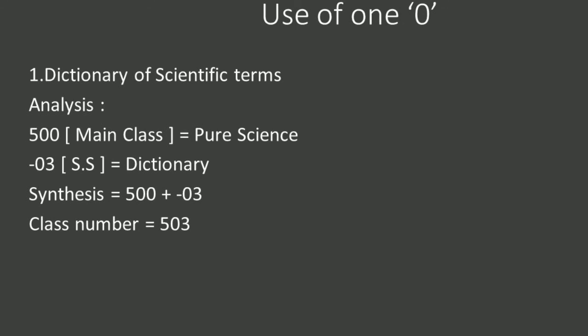Whenever our main class or the subdivision of main class ends with 0, not in the middle of the notation, ends with a single 0 or maybe sometimes 2 zeros, and there is no instruction on how to use the standard subdivision, generally we will remove the zeros from the notation of the main classes, and after that we will use the notation of standard subdivision.